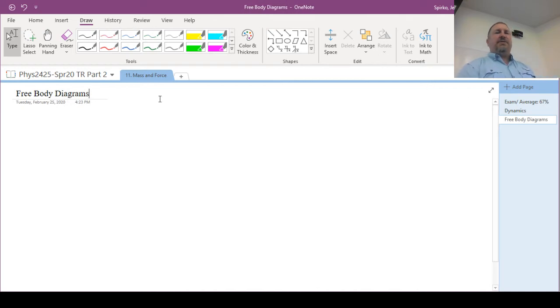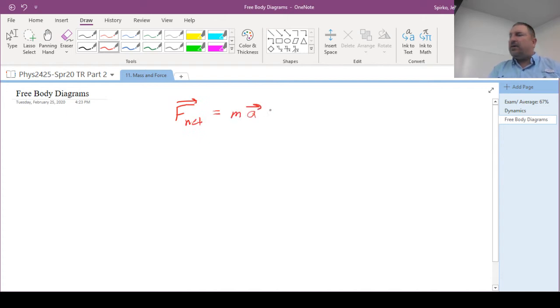Our main tool to begin our force analysis is a graphical technique called creating free body diagrams. So we're trying to analyze F net vector is equal to m a vector. And the big complication is that F net is an addition of vectors, and it has to include all of the relevant vectors and not include any extras and not duplicate any.